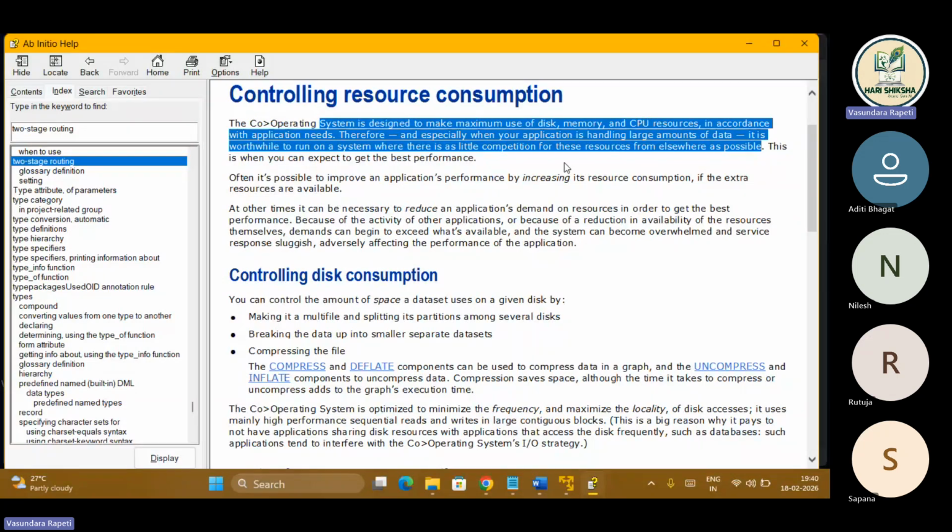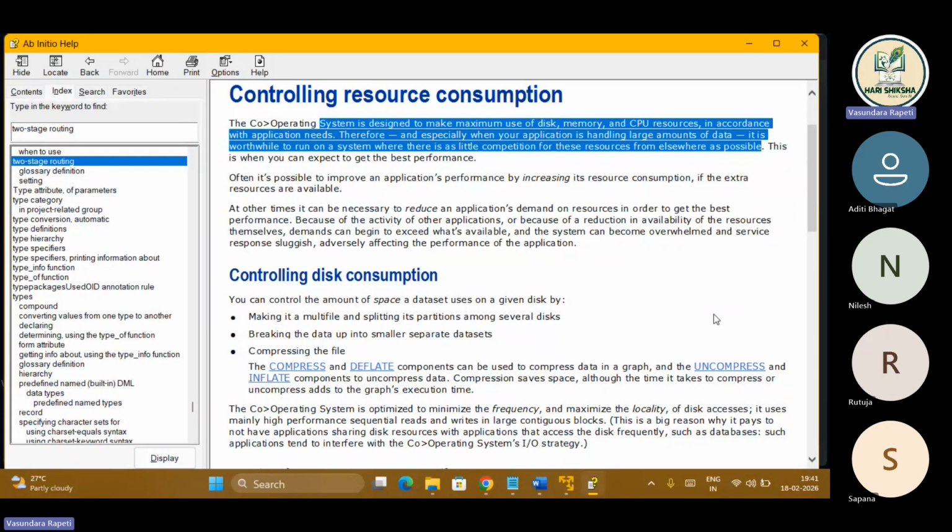Components should take resources one by one, and there should not be competition. Suppose you have 100 GB RAM, right? One process can take 80 GB and complete its task. Another process can take 80 GB, complete its task. You have only 100 GB, right? So don't run both of them in parallel. They will create deadlock. Run them one by one. Their sum, 80 plus 80, is 160, which is more than the total RAM.